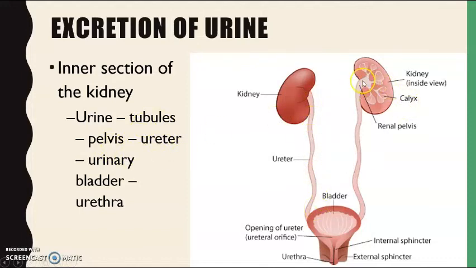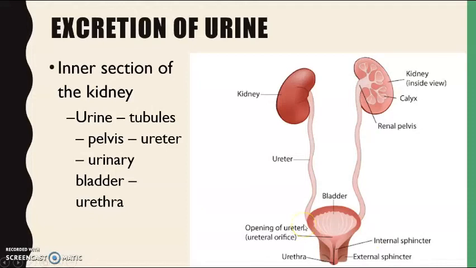Ito yung renal pelvis. And then, connected siya sa ureter. And then, after that, it will transport the waste sa ating urinary bladder. So, ito naman yung urinary bladder. Yung waste natin dyan is in the form of urine.